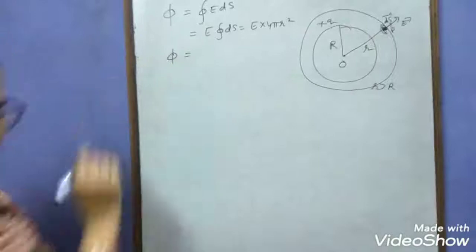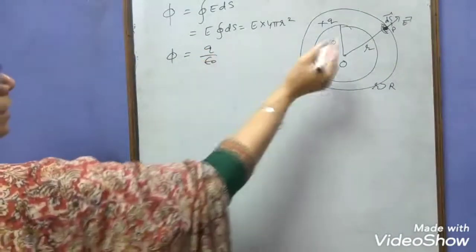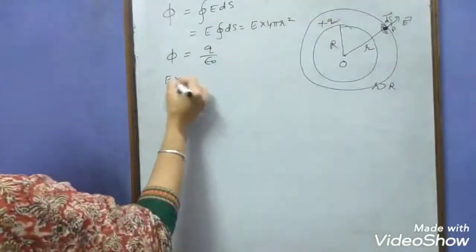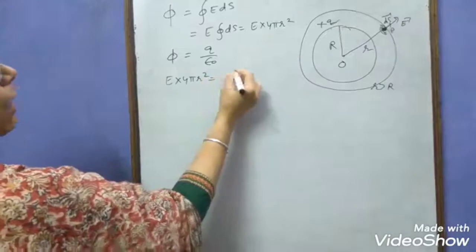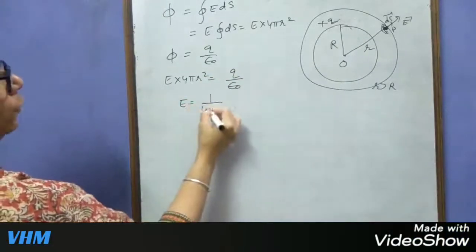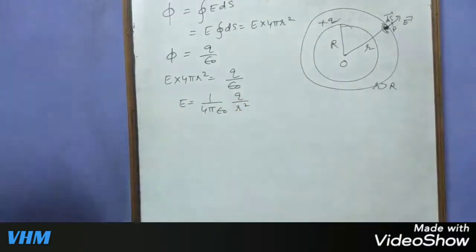And by Gauss theorem, it is Q upon epsilon naught, because the Gaussian surface encloses this charge. Then the electric field outside the spherical shell is 1 over 4 pi epsilon naught Q upon r square.